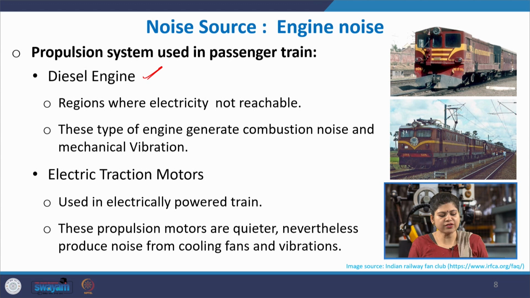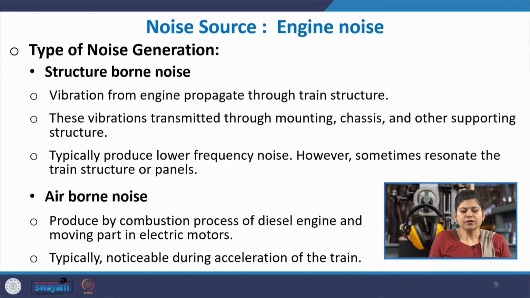The electric traction motors are used in most of the modern passenger trains, and here the propulsion motors are much quieter. Nevertheless, they produce noise from the cooling fans and vibrations. So, in the engine noise, what is the mechanism through which the noise propagates?